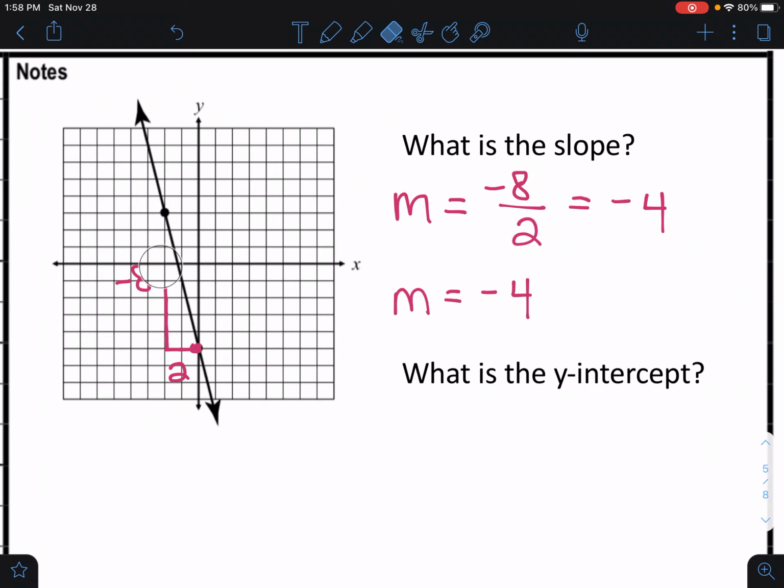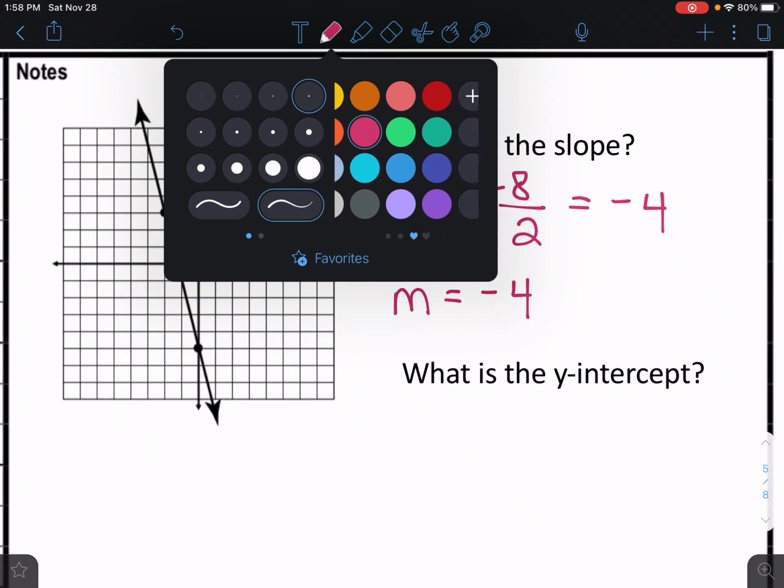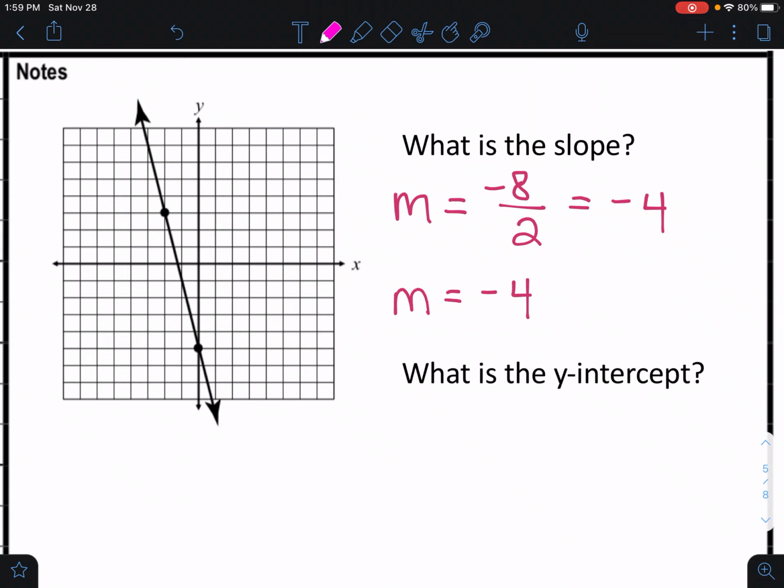That's our slope. Now our y-intercept, so let's use a different color here. We'll go with a bright color so you can see this. Now the y-axis, you'll notice, is right here. Okay, what we are trying to say is, where does this line cross that y-axis?